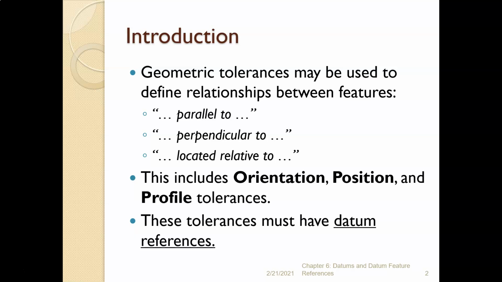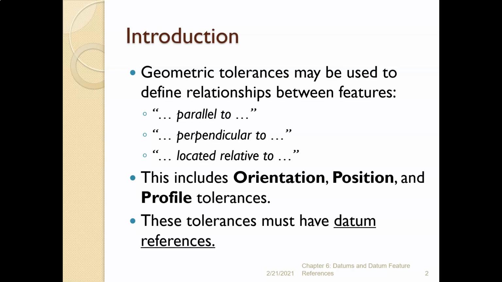These tolerances that express a relationship between features include orientation tolerances, positional tolerances, profile tolerances, and some of the other ones as well. These tolerances therefore must have datum references.